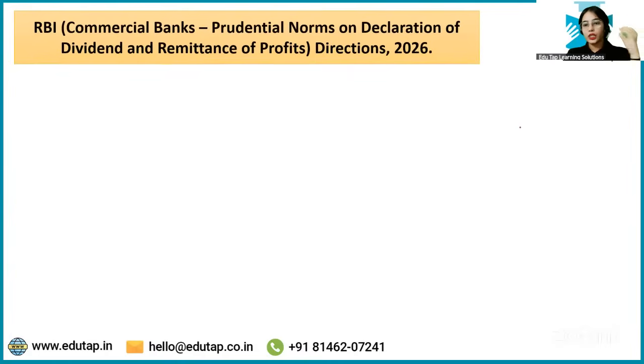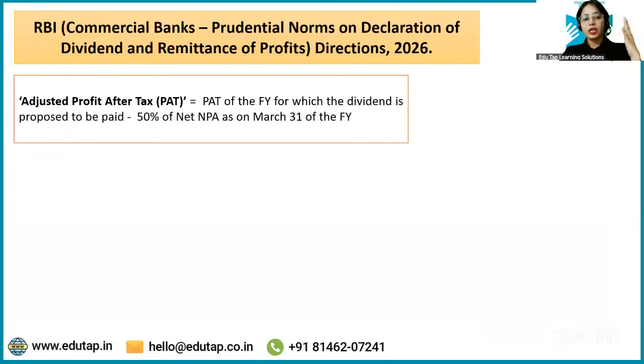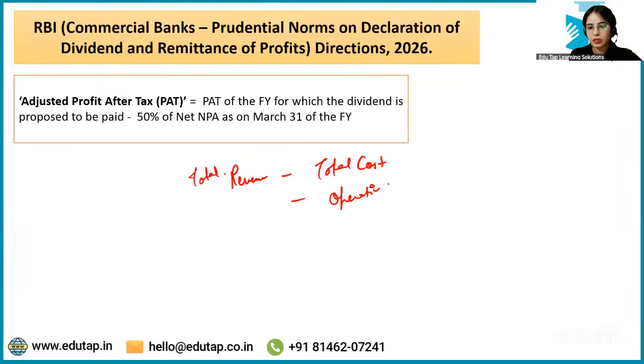Now, you will understand this better. Coming to the profit after tax, the adjusted profit after tax. So what is profit after tax? First of all, it is the total revenue of the bank minus the total cost, minus the operating expenses, minus the interest that has to be paid.